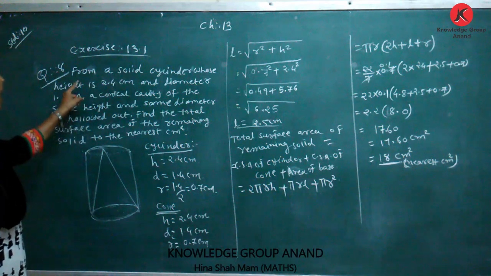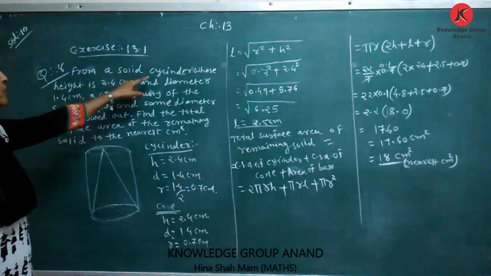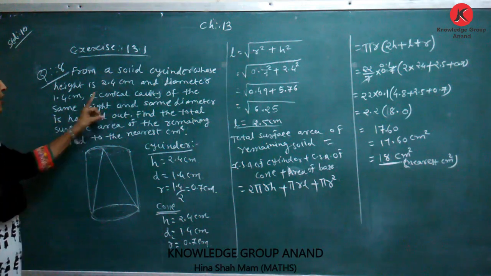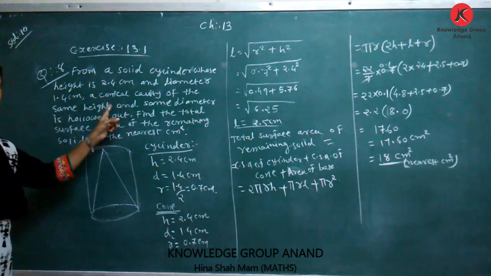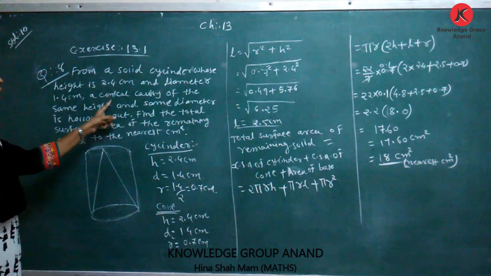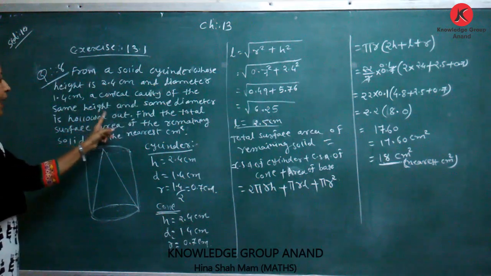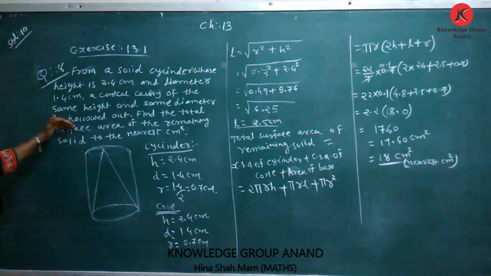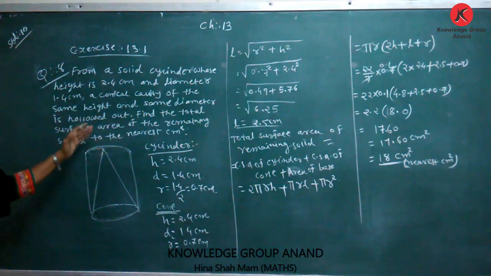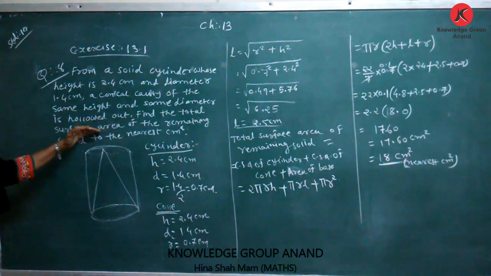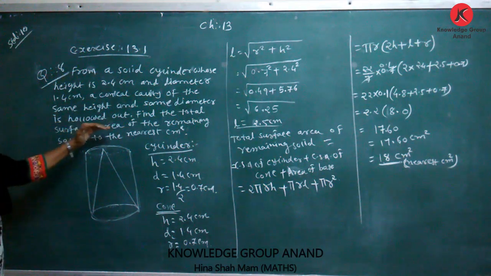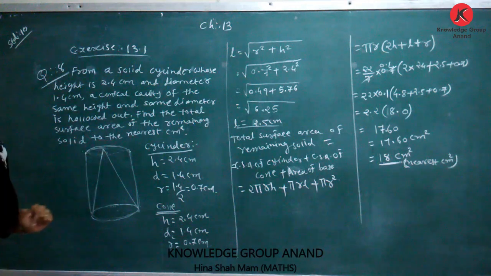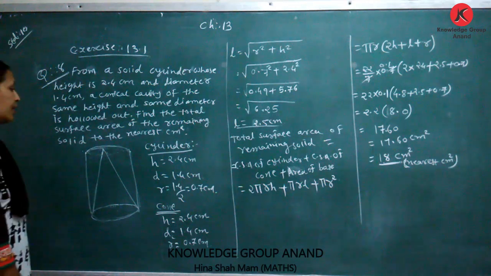Again, from a solid cylinder whose height is 2.4 centimeter and diameter is 1.4 centimeter, a conical cavity of the same height and same diameter is hollowed out. Find total surface area of the remaining solid to the nearest centimeter square.